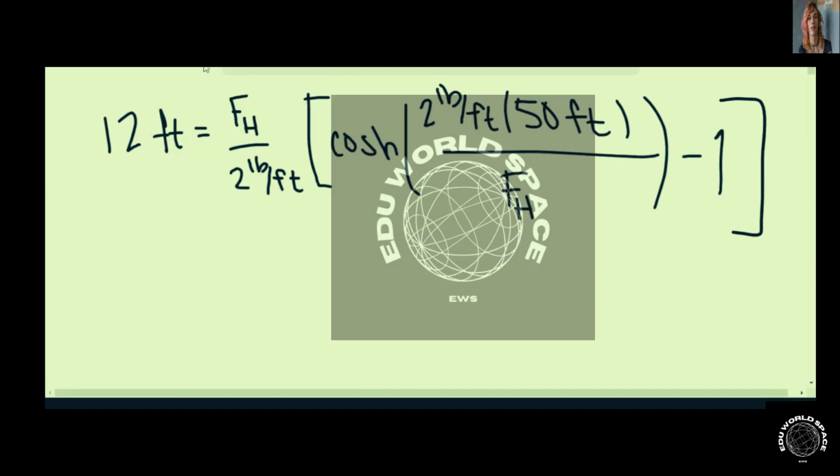It'll take you to the C section, and you'll scroll all the way down until you find the hyperbolic cosine. And when you find where those lines intersect one another, f sub h will come out to be 212.22 pounds.